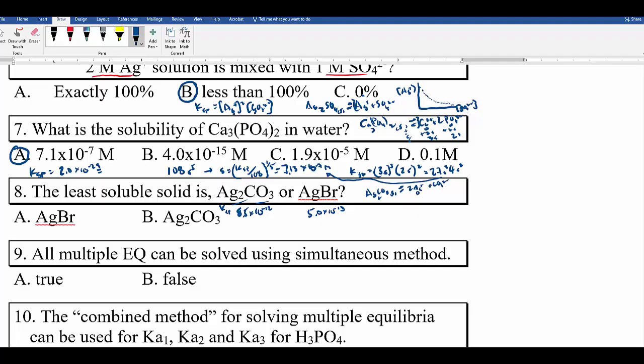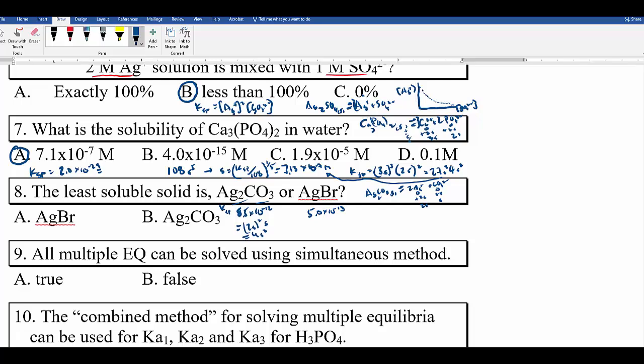We assume 0 at the beginning, and then this is plus 2s, this is plus s. So we're going to have 2s and s at equilibrium. And so the KSP here is going to be 2s, the concentration of silver, squared because of the 2 here, times carbonate, which is just s raised to the first power. So this is going to give us 4s cubed.